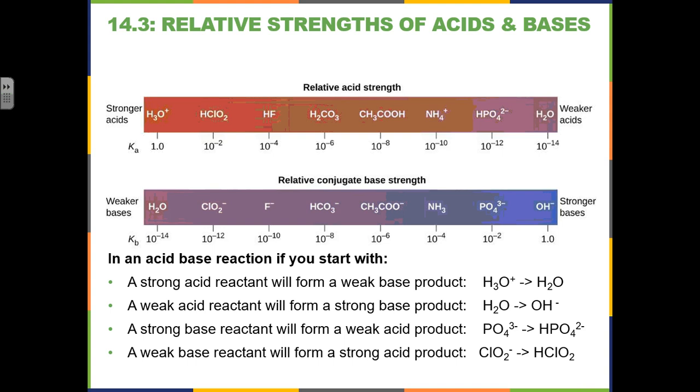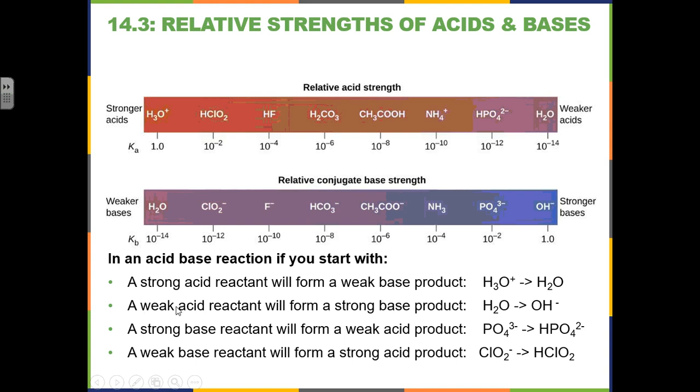Now, the other thing we want to talk about is what happens when you react certain materials together. Well, if you put a strong acid, it will react to form a weak base product, like this example provided here, which I've already said, hydronium forming your water.